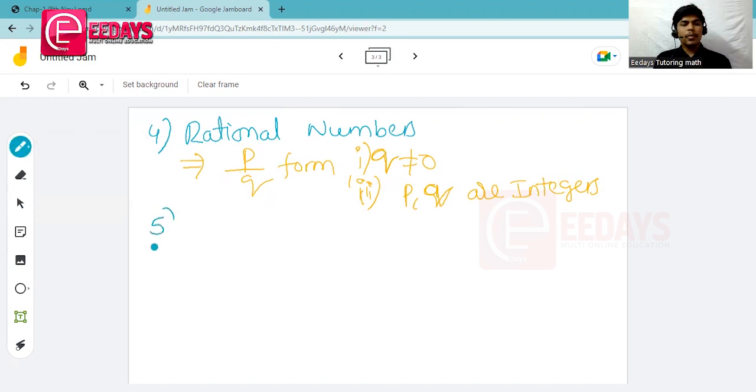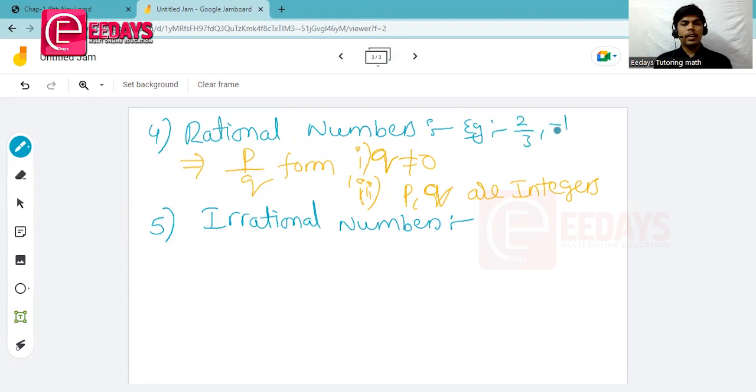And the fifth one is irrational numbers. You can take examples of rational numbers, like we'll write examples here: 2 by 3, minus 1 by 2, or bigger numbers also.